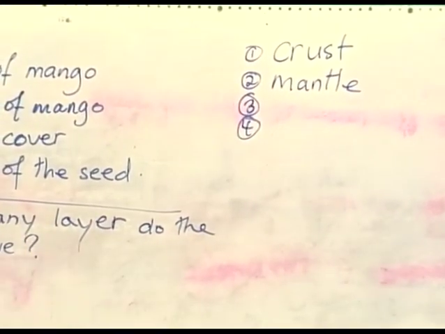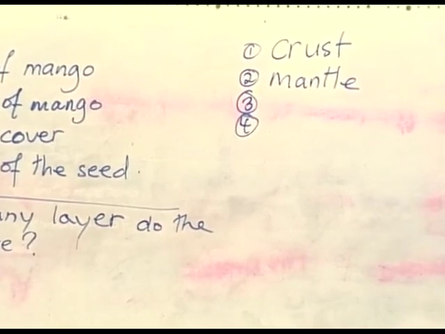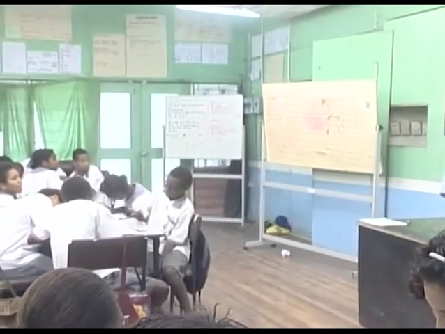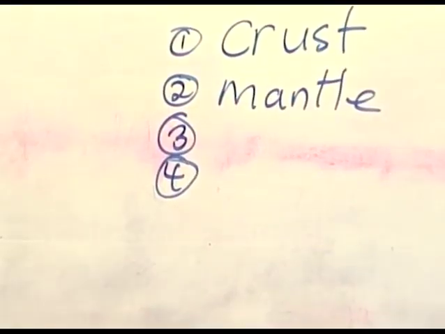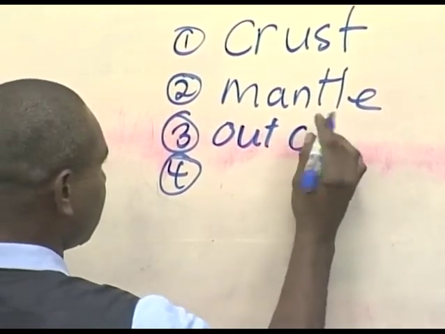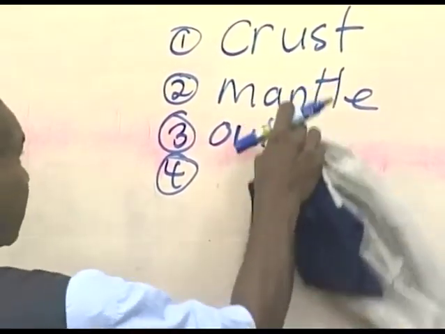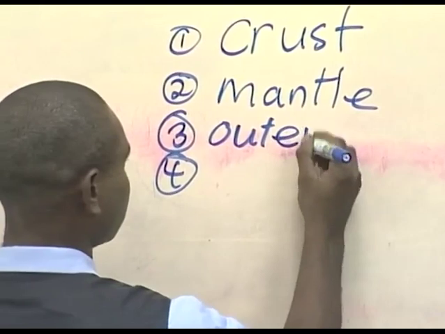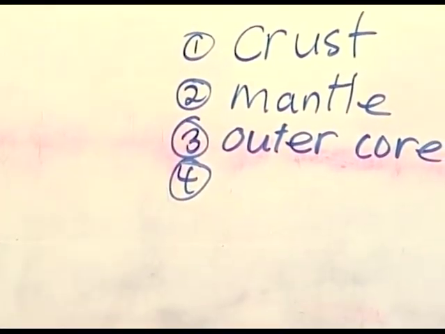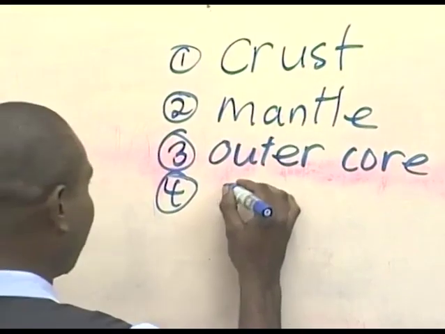Number 3, what is the number 3 layer of the earth called? Emmanuel. Outer core. The outer core, thank you. And Jason, the last one, what is it called? Inner core. Okay, thank you, Jason. The inner core.